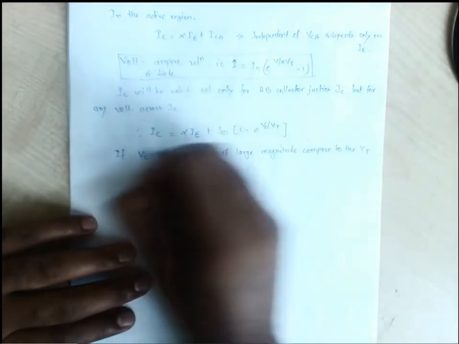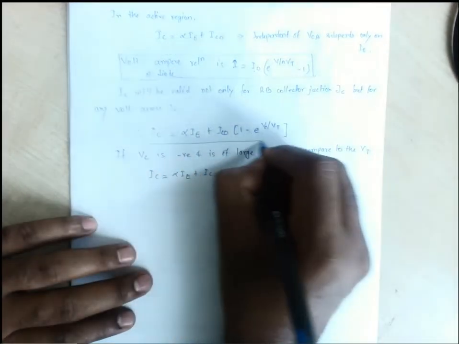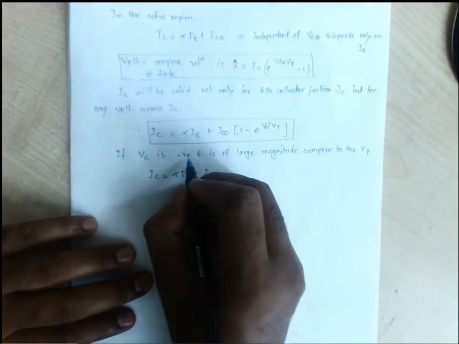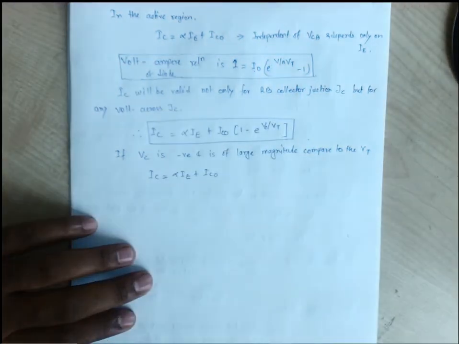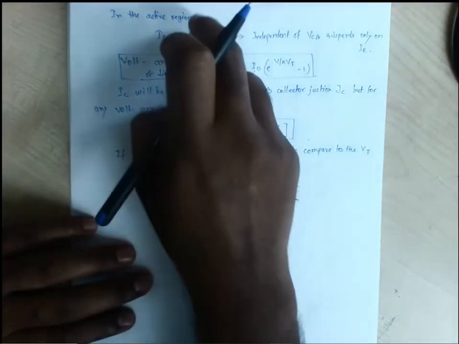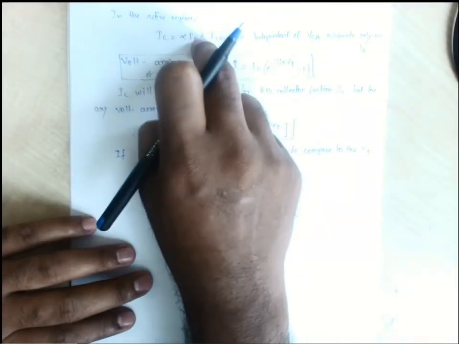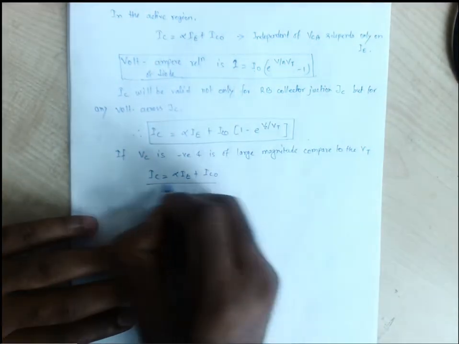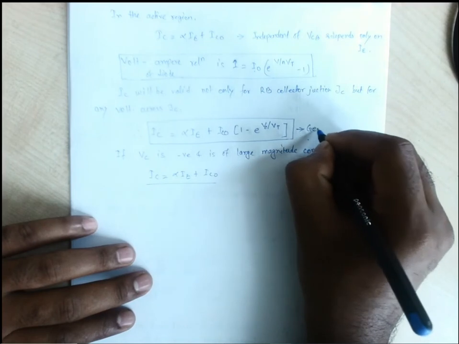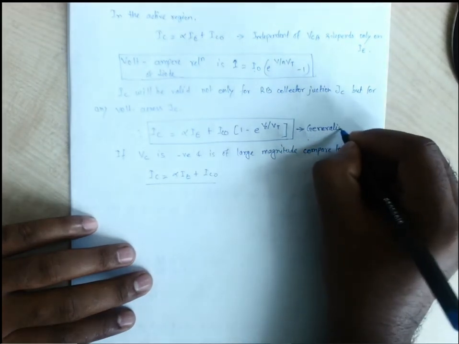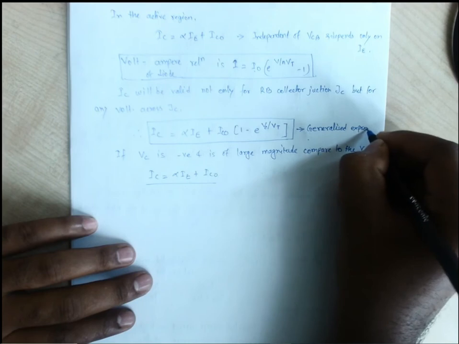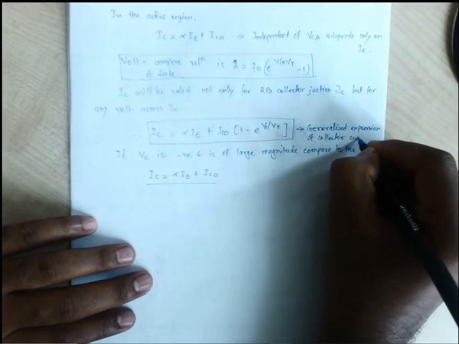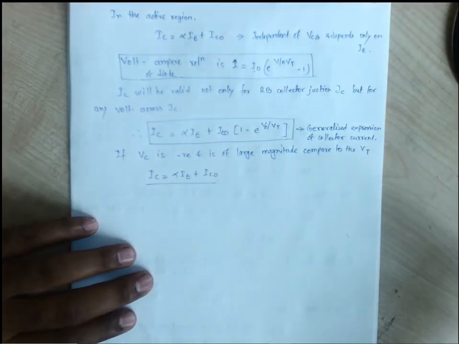That is our generalized expression, from where if we take particularly our active region of operation where Vc, the collector voltage, is negative and quite large, then we can come again to this particular expression of the collector current.